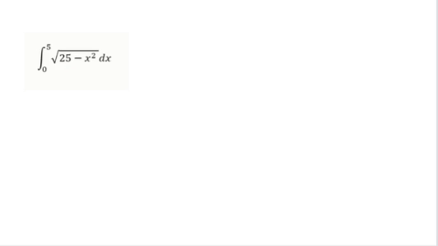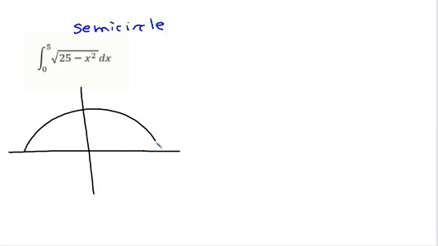Now, part of what you have to be able to do is recognize things. This is a circle. It's actually a semicircle. We've covered that. And that would be a whole other lesson to review why that's a semicircle. But all we're doing on this problem is we've got this semicircle with a radius of 5. The radius is 5, but we're only evaluating the integral from 0 to 5.